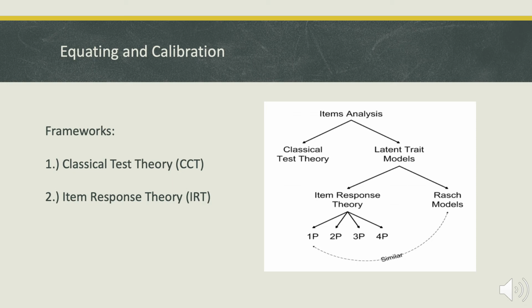Every measurement is comprised of two components: you have the true ability plus random error equals observed score. And like I said, this is the simplest framework. The true score is not the same thing as an ability or trait, we'll discuss that under IRT. It's an estimated measurement, it's not measured directly. Errors are assumed to be random and not systematic.